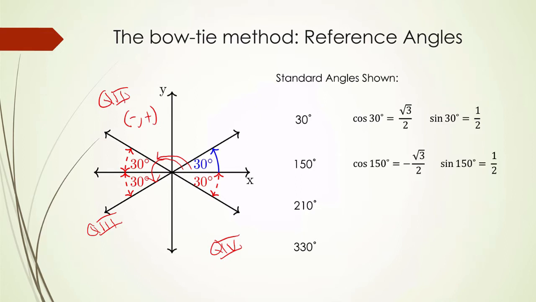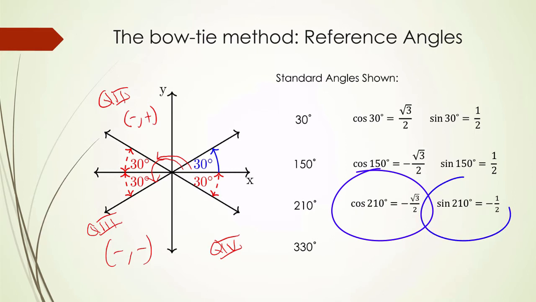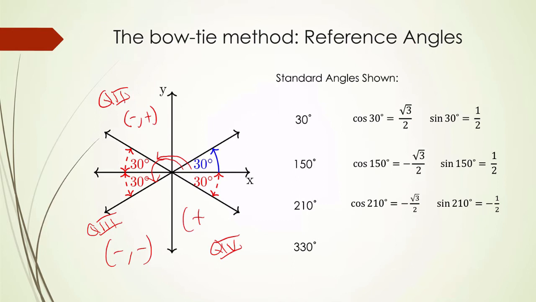So the adjustment is to put a negative on the square root of 3 over 2. You leave the sine value alone as a positive. In quadrant 3, both x and y are negative, so cosine is negative as well as sine. In quadrant 4, you have a positive x and a negative y, so cosine becomes positive, whereas sine is negative for that angle.